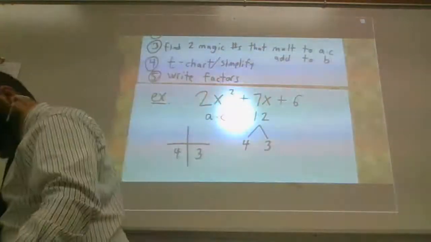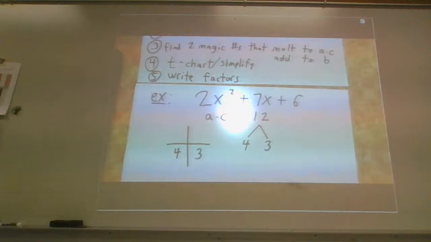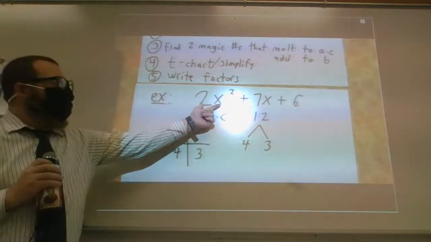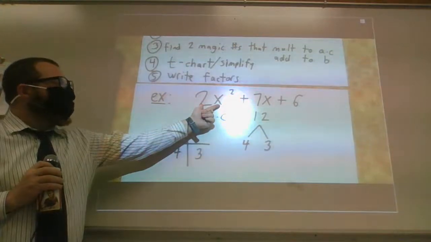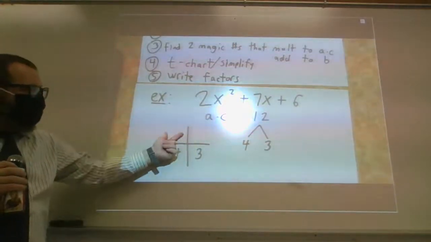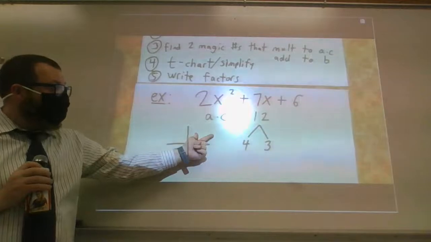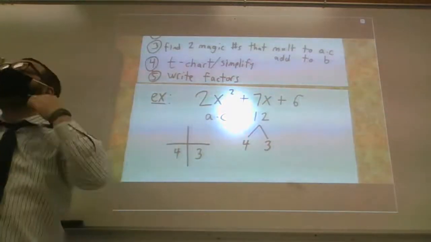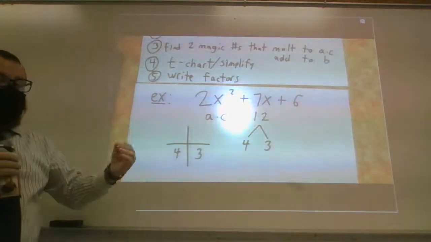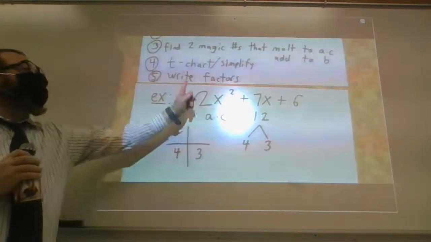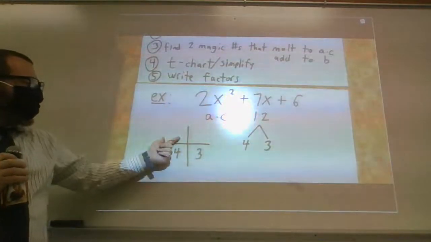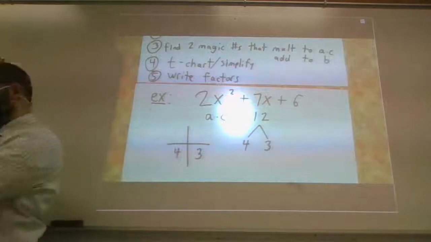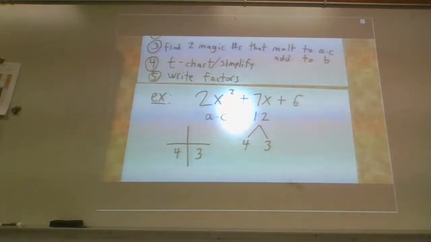So instead, temporarily, this 2x squared is going to be written as 2x and 2x. I'm just simply going to repeat it. The x breaks down with x and x, but the 2 is going to go with both, 2x and 2x. I say temporarily because something is about to simplify.